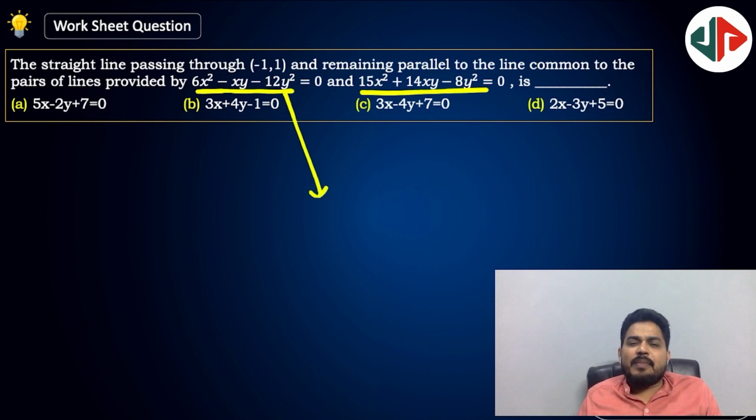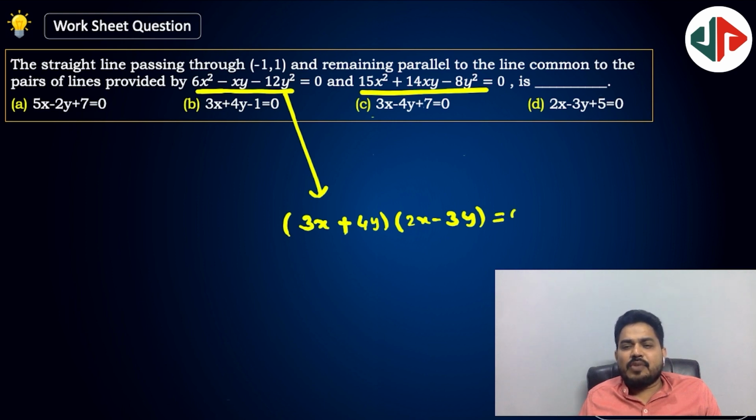6x square minus xy minus 2y square. So this is (3x minus 4y) into (2x minus 3)... 6x square minus 8 minus 8 minus, so it should be plus, is equal to 0.